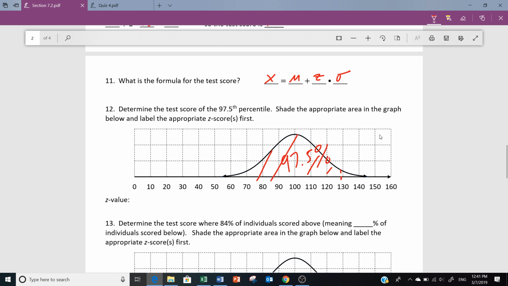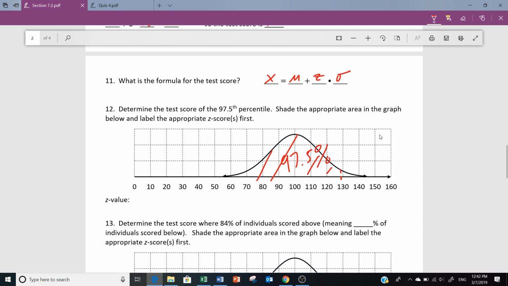What z-value do you think it's going to give you? Well, 130 is not the z-value, it's 2. Should that be a surprise that it's 2? No, because remember, within 2 standard deviations is 95%, so we have the -2 and the +2, and then the 2.5% on the one side and the 2.5% on the other side.